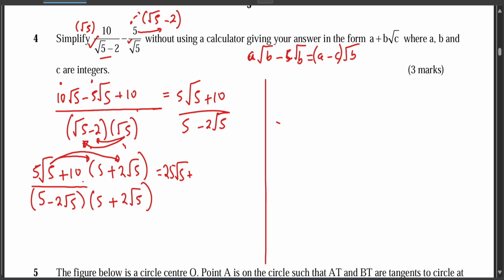Now root 5 times root 5 gives you 5, so 10 times 5 is just 50. Then we go to 10 times 5, which gives you another 50. And then 10 times 2 root 5, which gives you 20 root 5.